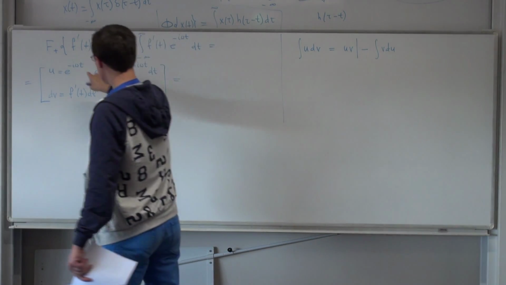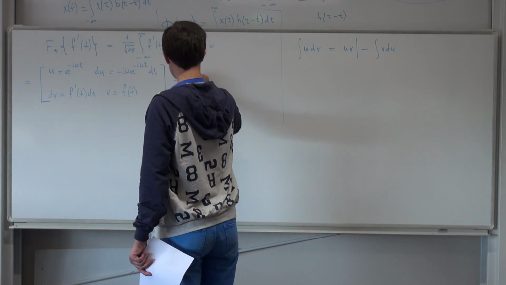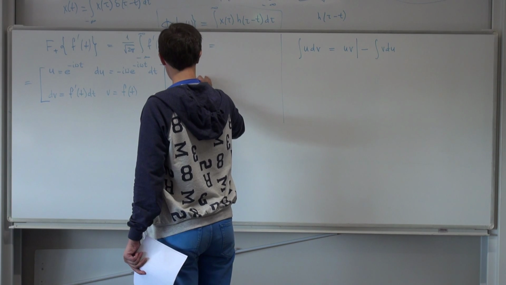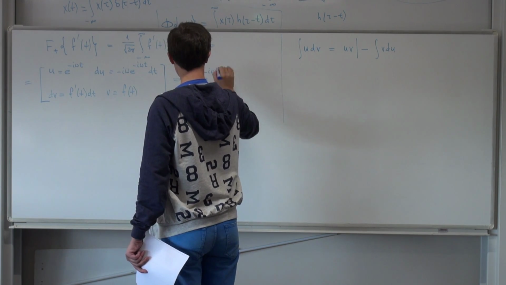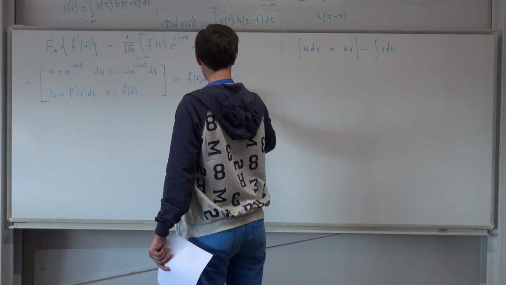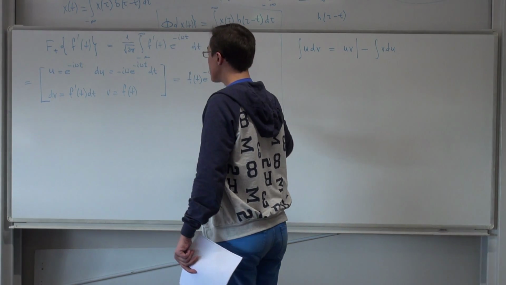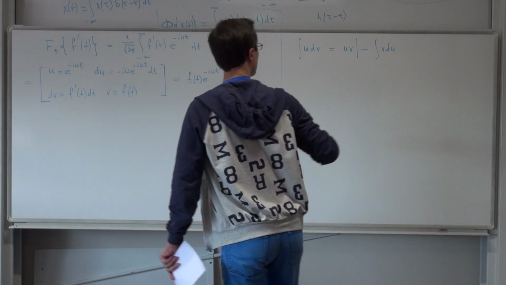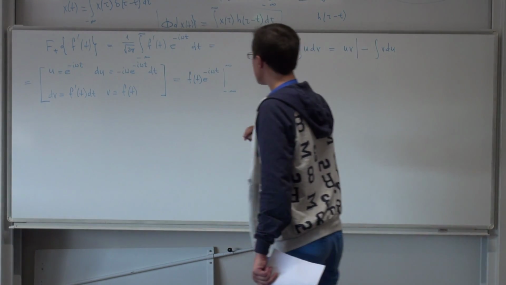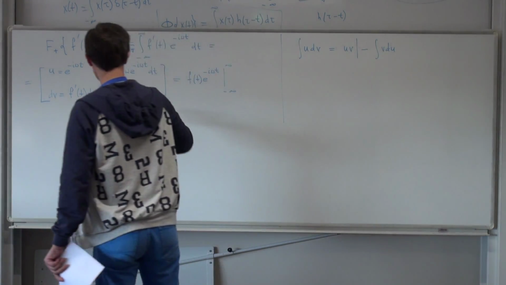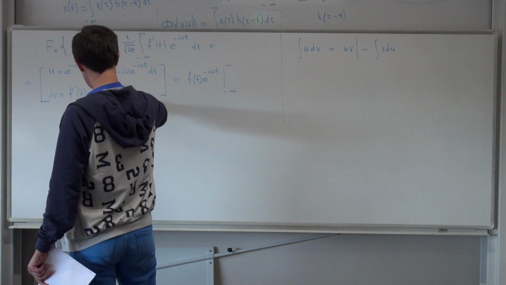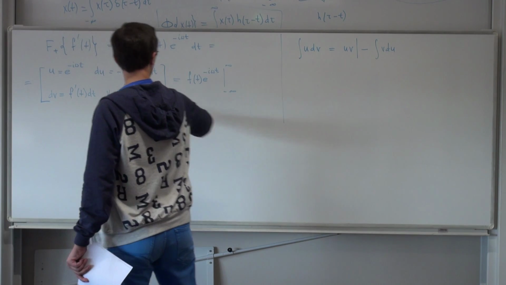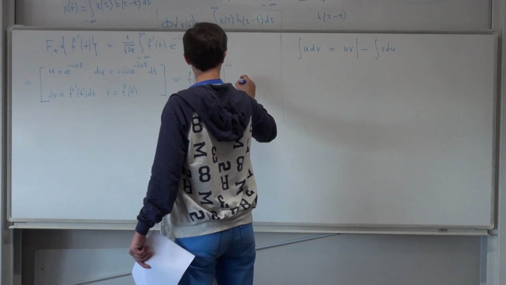So uv, that is f of t e to the minus i omega t from minus infinity to infinity, then minus an integral of v du. So that's the v and that's the du, and you can see the derivative disappear. So minus and minus is a plus.